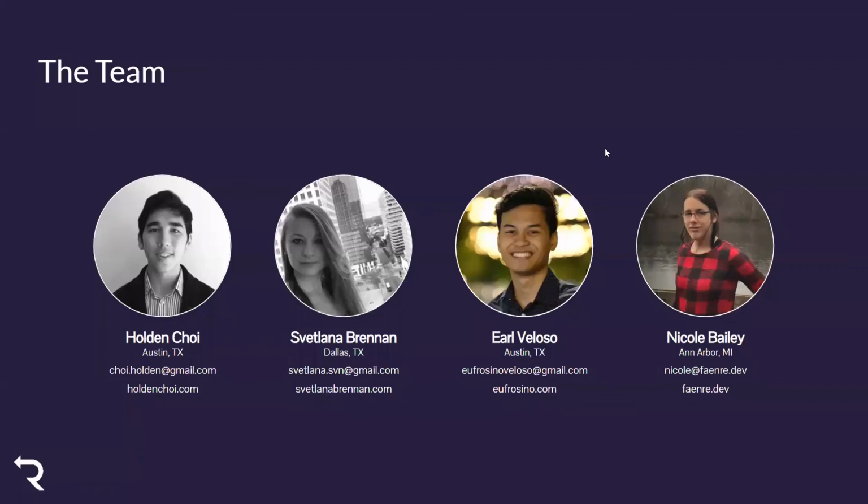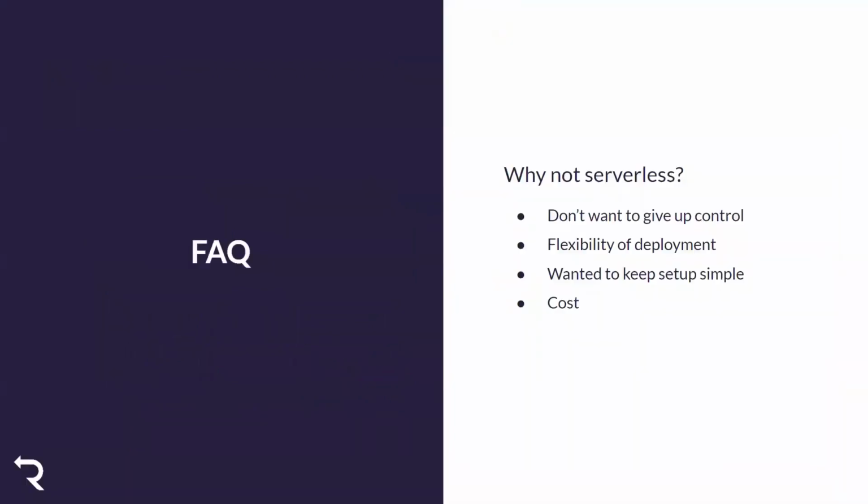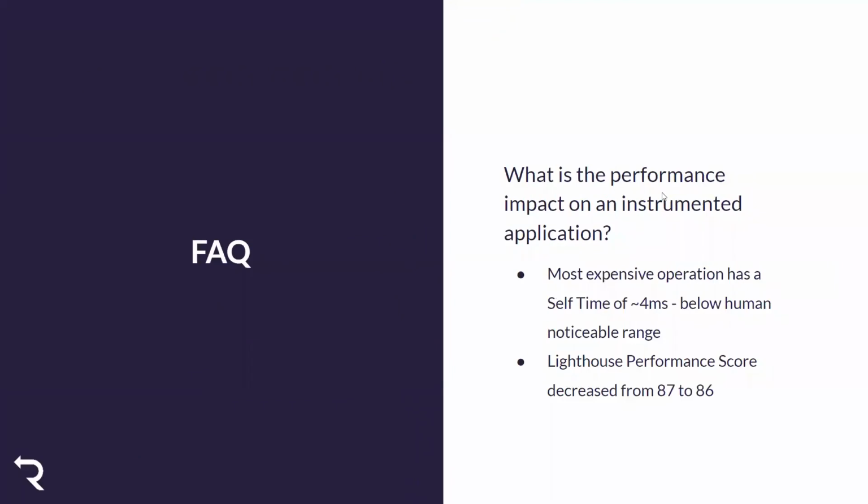We have some statistics that we generated for testing this. In terms of consuming CPU time, the self time of the longest session recording operation is about 4 milliseconds, which is below the human noticeable range. And our effect on the Lighthouse score for Bob's application was only a reduction of 1 point. I hope that answers your question.